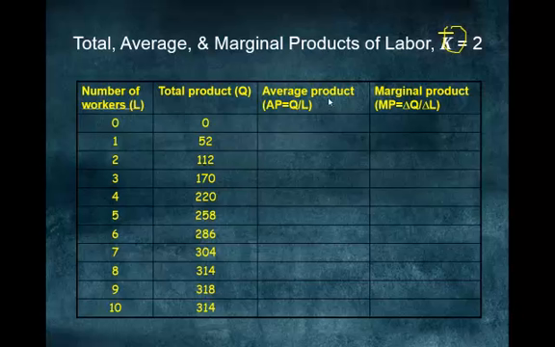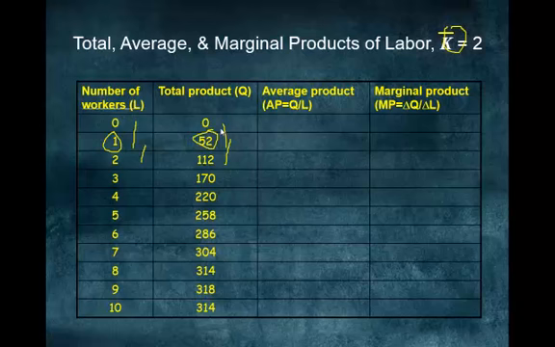Then we need to find the average product. How? Quantity divided by labor. But for the marginal product, it is the difference in quantity, that means 52 divided by 1. Then 112 minus 52 divided by 2 minus 1.